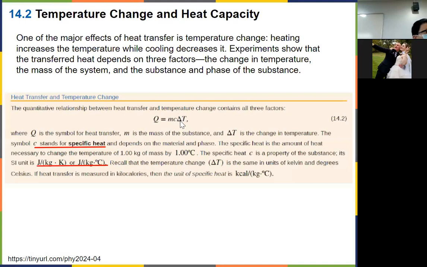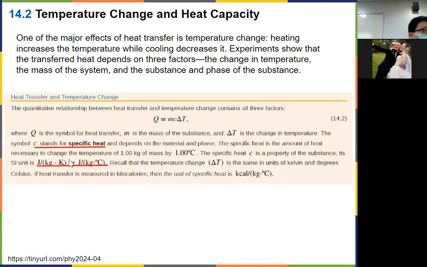For the c here, it's called specific heat, or sometimes specific heat capacity. These two terms are interchangeable. It has units of joules per kilogram times Kelvin, or joules per kilogram times degrees Celsius, because Kelvin and Celsius are the same scale when you are talking about temperature difference.